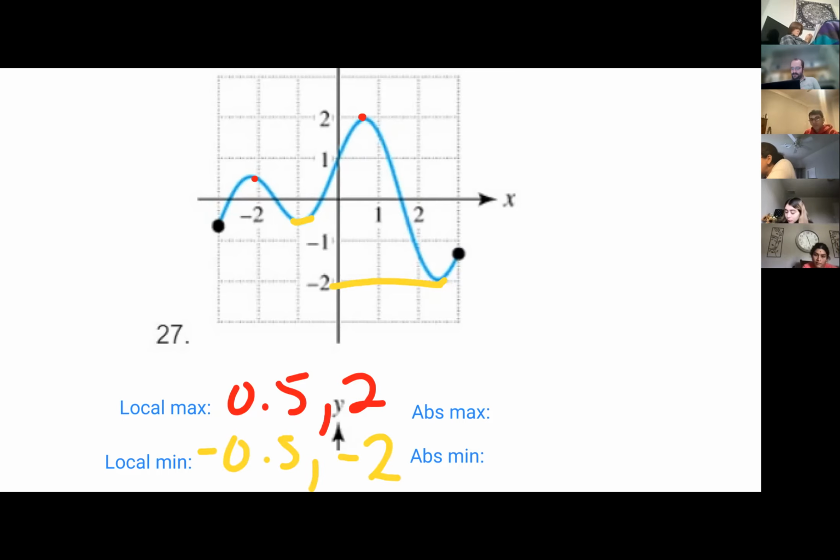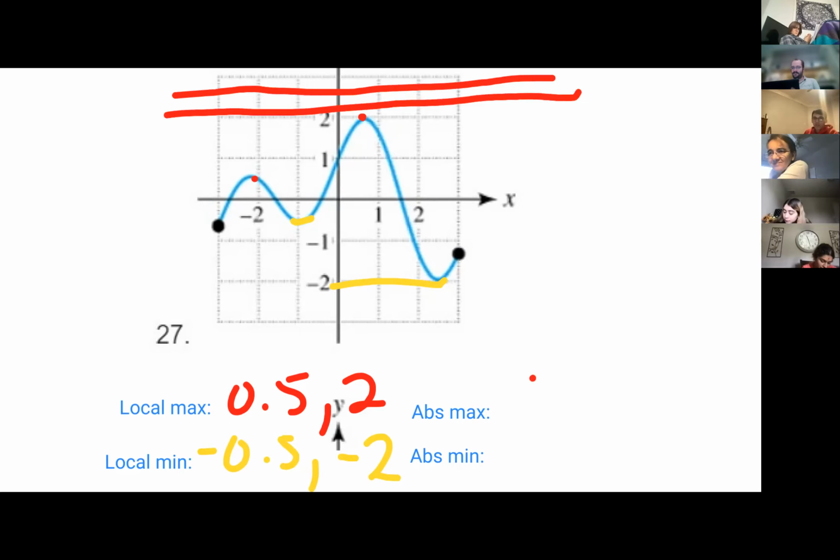Now, what about absolute? Is there a point you can give me that it doesn't go above? I don't understand that much about that. Would it be the points at like where it stops? Yes. Is there some sort of value you can give me here that it doesn't go above?